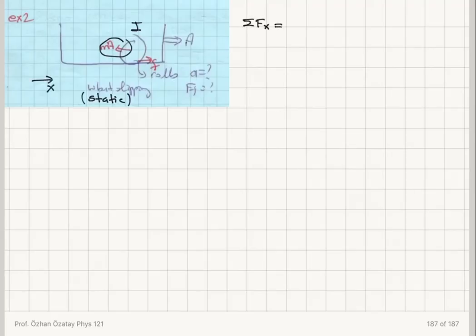And here I can look at the net force in the positive x direction. Net force in the positive x direction is, with my assumption, force of friction to the right minus ma must be equal to mass times the center of mass acceleration a.